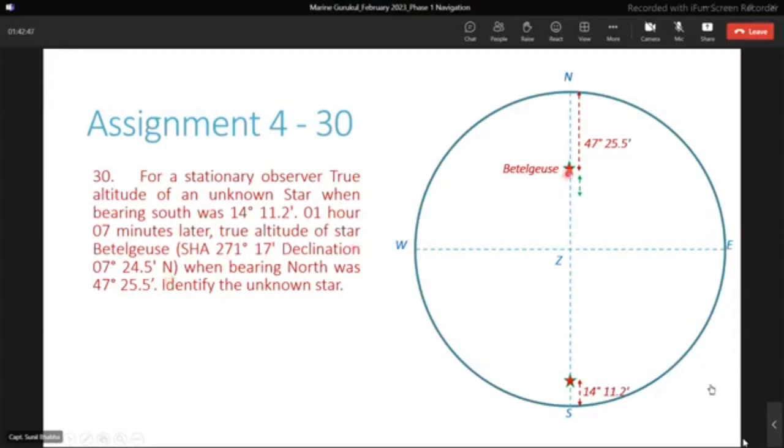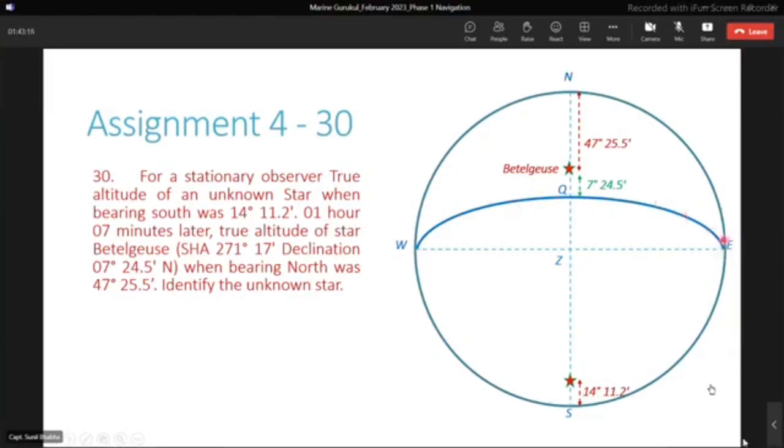So from star Betelgeuse, I go 7 degrees 24.5 minutes south, and this is where the equinoctial should be passing. So I get my Q point, and I know the equinoctial will pass through Q. The equinoctial always passes through the west and east points. So I can now mark off the equinoctial in the diagram as WQE.